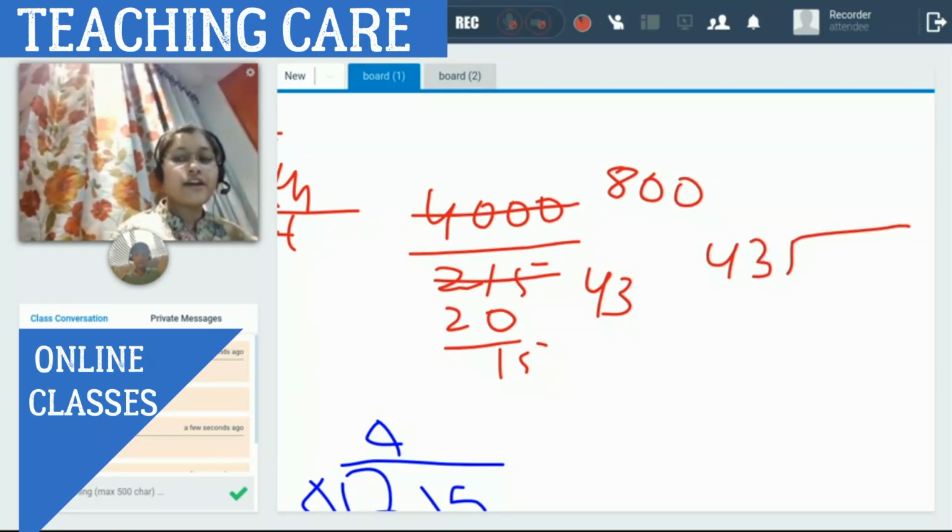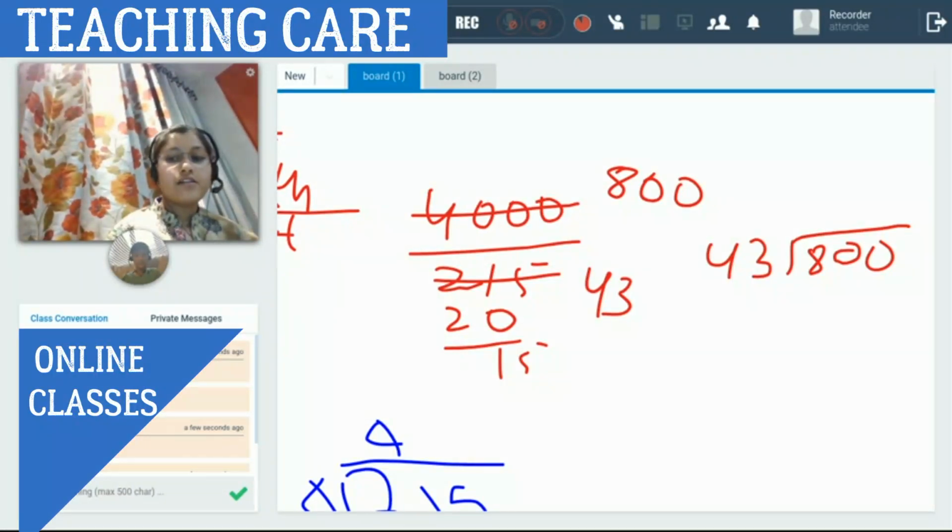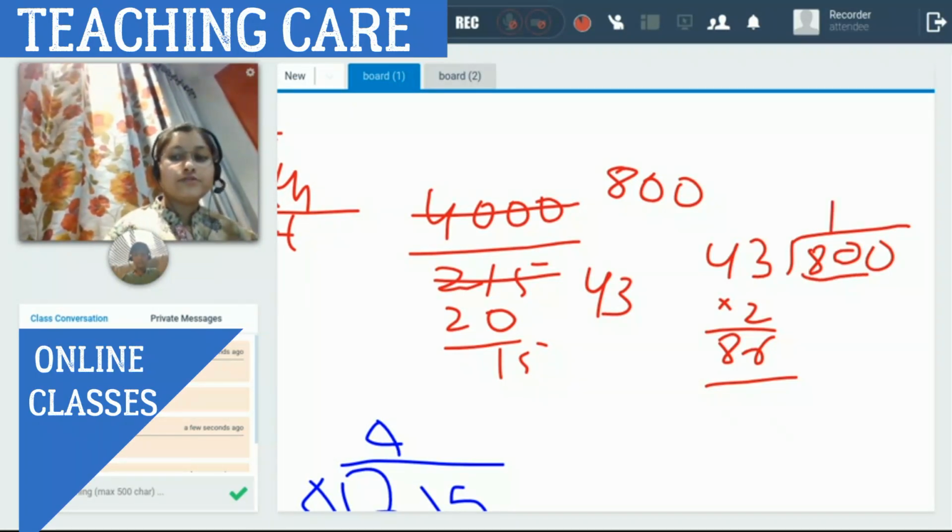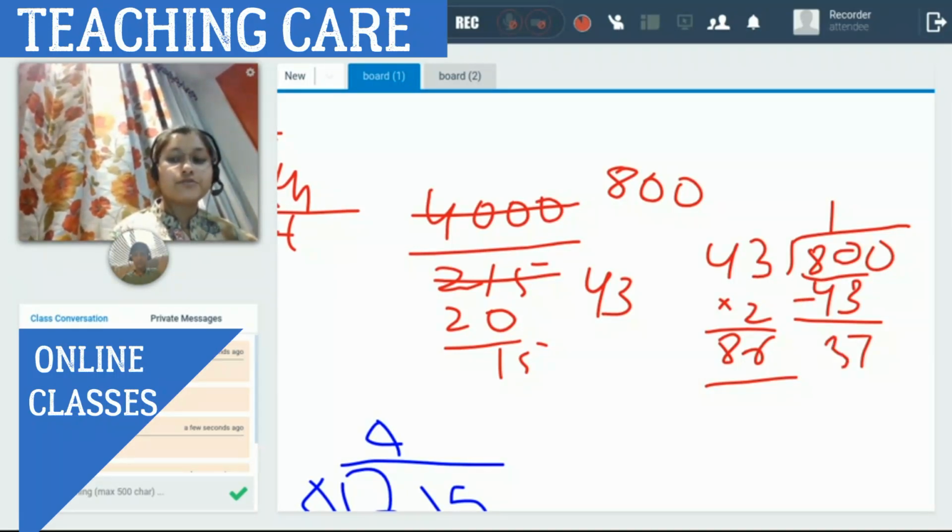Now 43 divided into 800. 43 into 2, 86, which is greater than 80. So 43 into 1, 43, minus: 10 minus 3, 7, 7 minus 4, 3. 37 is less than 43, so I will take the number 370.